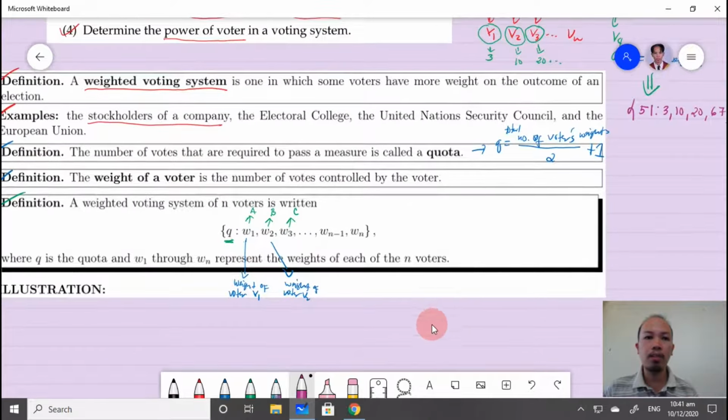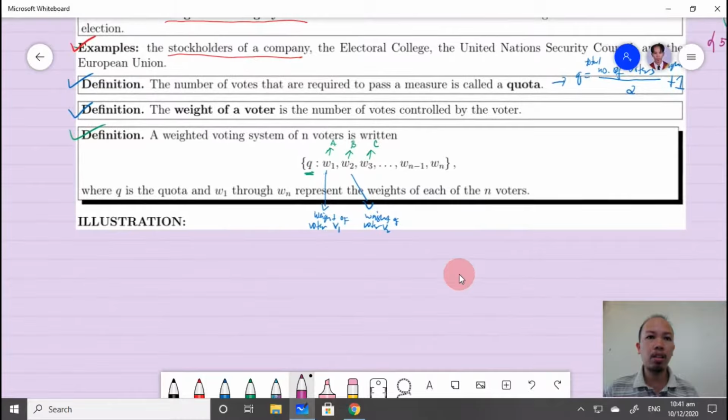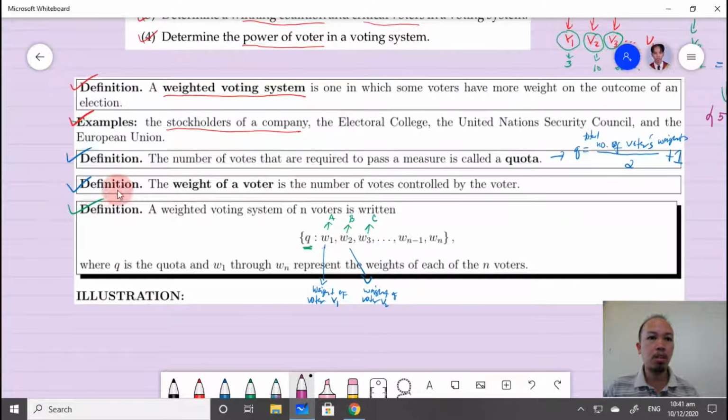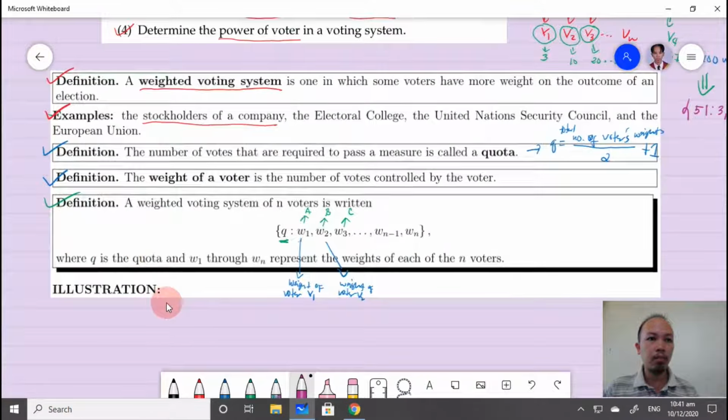Okay, so now let me have another illustration to illustrate more the definition that we've previously discussed.